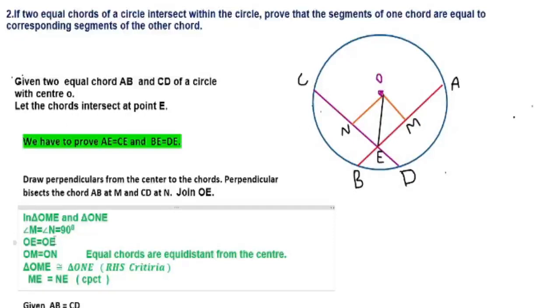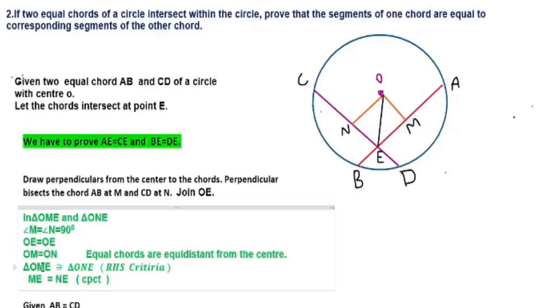OE is a common side, and OM equal to ON, because equal chords are equidistant from the center. This is a theorem we have proved earlier.